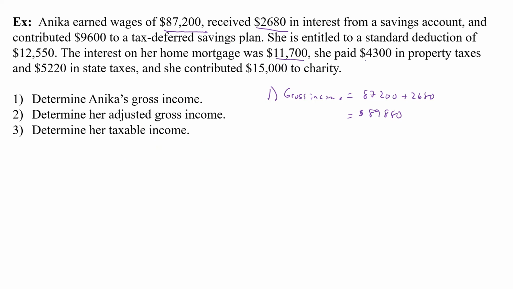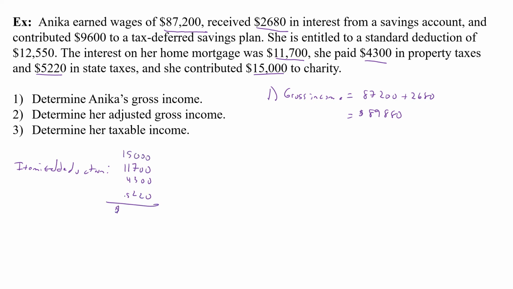So we're going to take that number plus that number plus that number and plus that number. So these are itemized deductions. Now, none of those are medical expenses, so we can just add them together. So we'll take 11,700 plus 4,300 plus 5,220, and we'll put a 15,000 here.